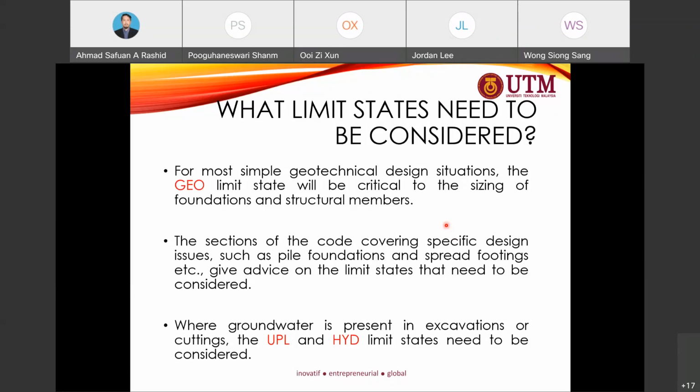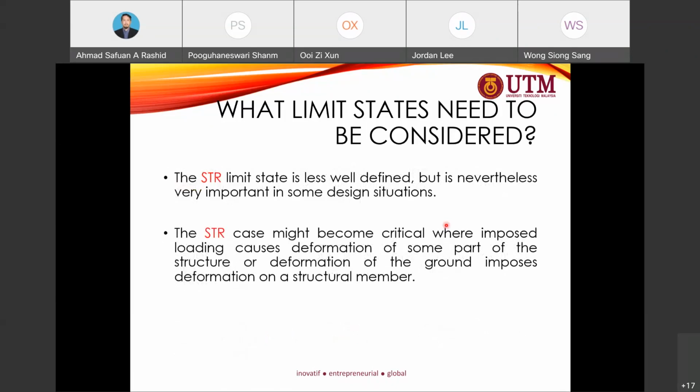Where groundwater level is present in an excavation or cutting, the UPL and HYD limit states need to be considered. The STR limit state is less well defined, but is nevertheless very important in some design situations. The STR case might become critical where imposed loading causes deformation of some part of the structure, or deformation of the ground imposes deformation on structural members.